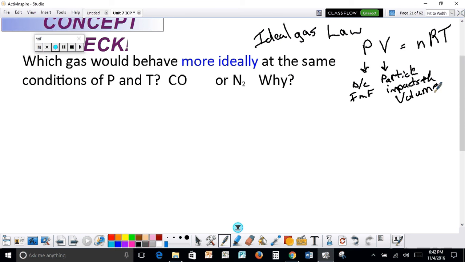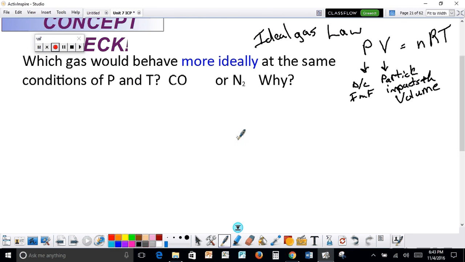So we're going to be looking for two things. We're going to be looking for small IMFs and small particles. So the smaller the particle, the smaller the IMF, the more ideal it's going to behave.